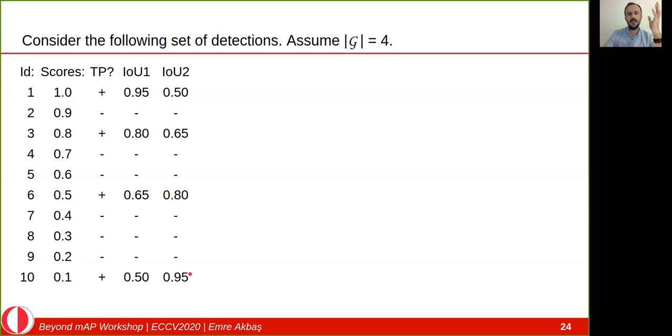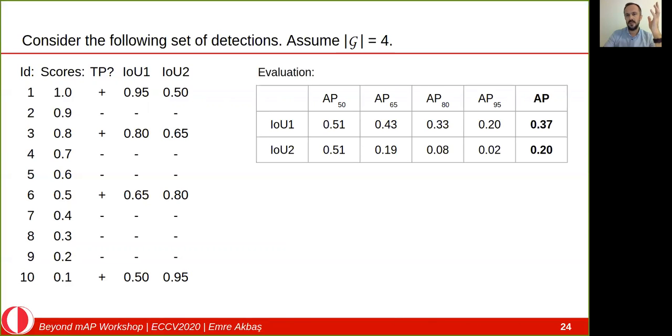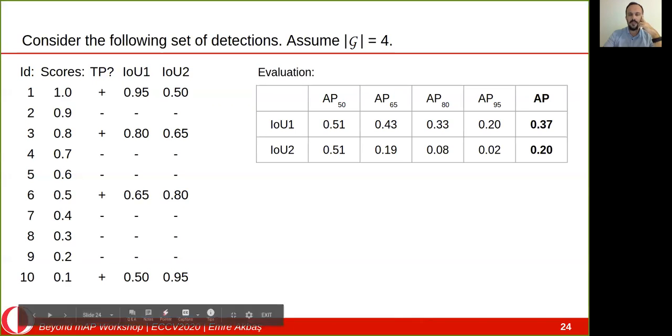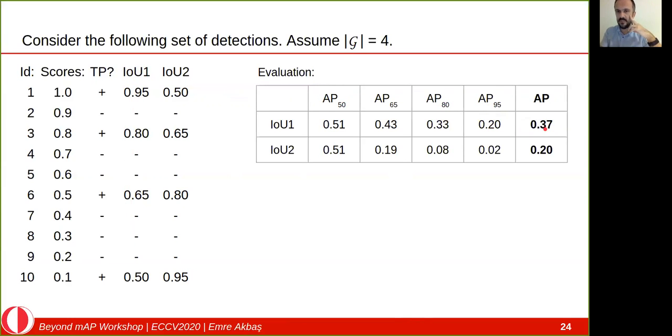So let's evaluate this using average precision, which is the current standard. We evaluate AP for different taus: 0.5, 0.65, 0.8, and 0.95. And here you see the corresponding AP values. When we average them, for the first case the AP turns out to be 0.37, and for the second case, the AP turns out to be 0.2.